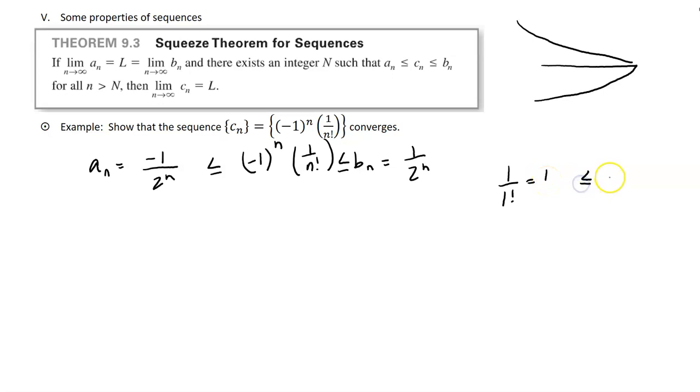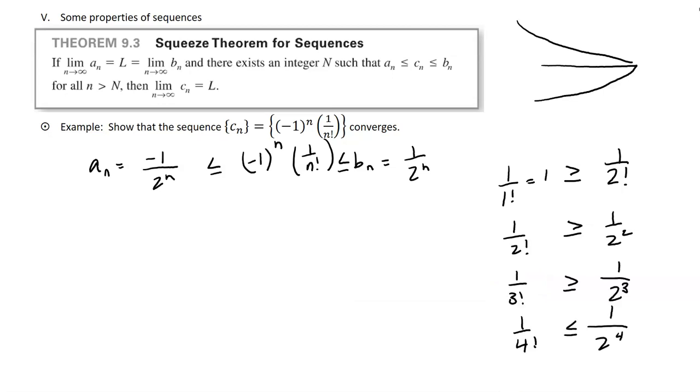But if you think about 1 over 1 factorial, that's 1 over 1. That's going to be less than or equal to 2 factorial. But what ends up happening is, once you get to n equal 4, it switches from 1 over n factorial being greater than 1 over 2 to the nth power to 1 over 4 factorial being less than 1 over 2 to the 4th power.